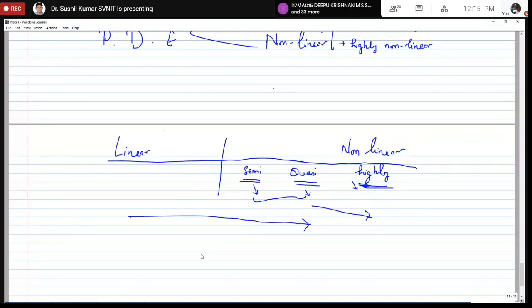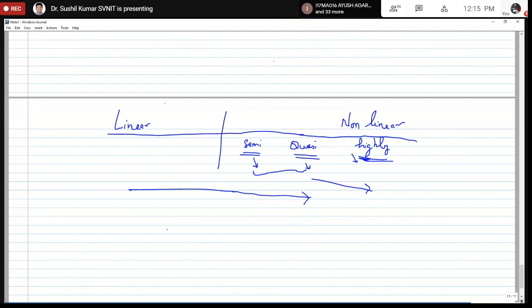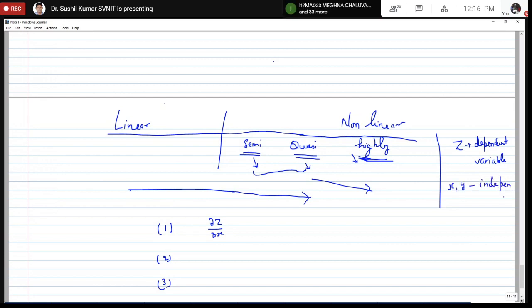Okay. For these three categories, I'll write three examples, then it will be more clear. Let me consider an equation of order 1 only. So del z over del x. If I am using z as a dependent variable, then x and y are independent. Or if x and y are independent variables, then z will be treated as a dependent variable.